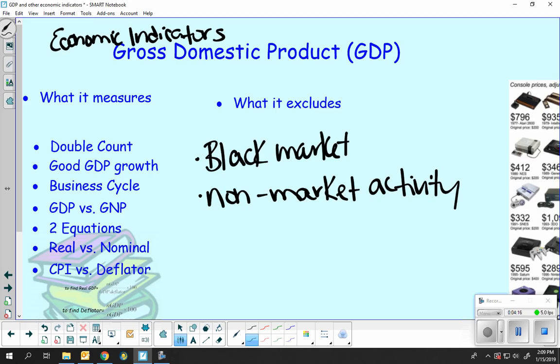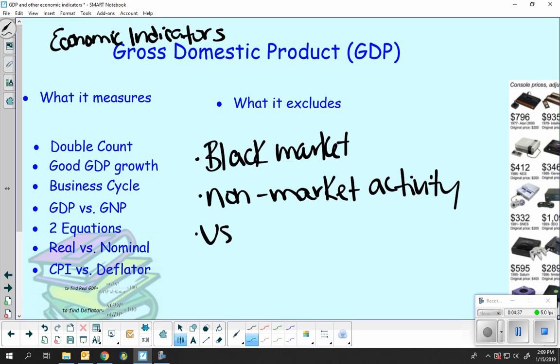You're probably not going to pay taxes on it unless you're a nanny and that's your profession. So that's not really going to be included. Same thing if you mow someone's lawn, like you mow lawns for people on the street and you get $20 a lawn. You're probably not going to be reporting that, so that's not going to be included in the GDP.